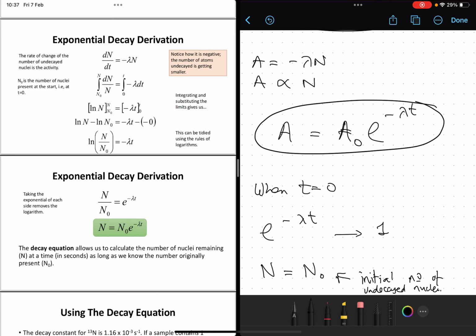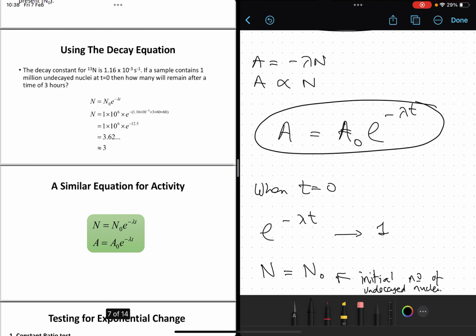Okay, so a new equation, but following a familiar form that we've seen on several other occasions. In terms of using the equation, it's just a straightforward substitution of numbers. So in the example that you've got there, how many nuclei will remain after a time of 3 hours? The answer that you get is 3.62. So is it 3 or is it 4?